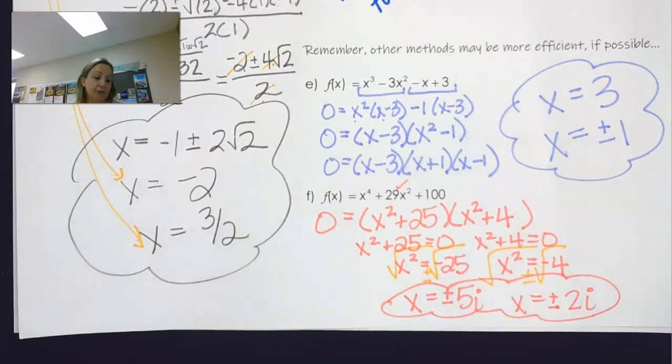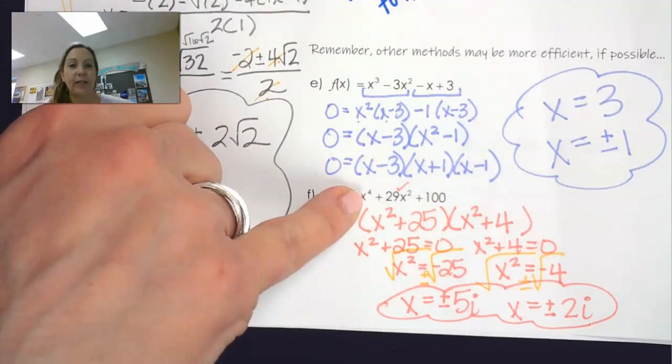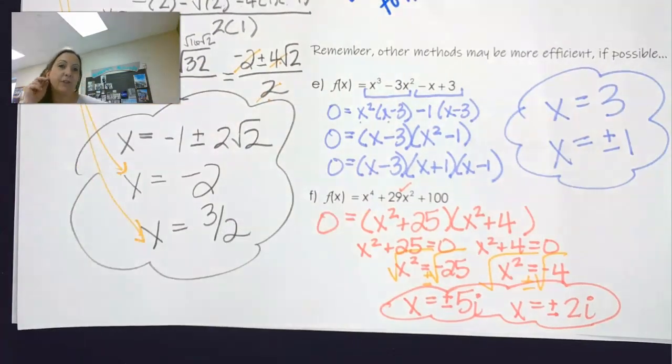It's true that they're not real solutions, but it's really nice to be able to find all the zeros. Because if you have a quartic, with x to the 4th power, that means that there should be 4 zeros. Some of them may be repeated, but in this case, we have 4 distinct zeros: 5i, -5i, 2i, and -2i. Okay? So that should get you going with that.